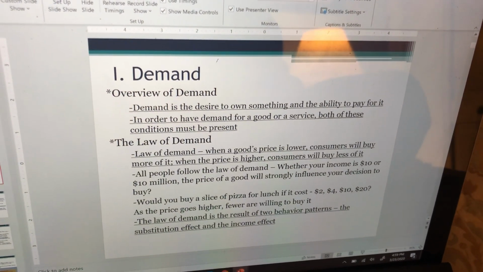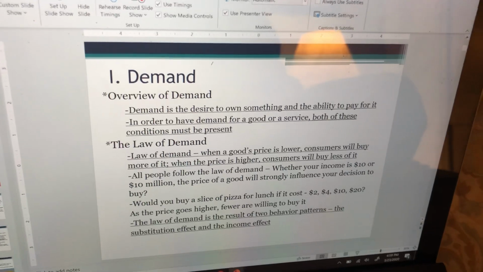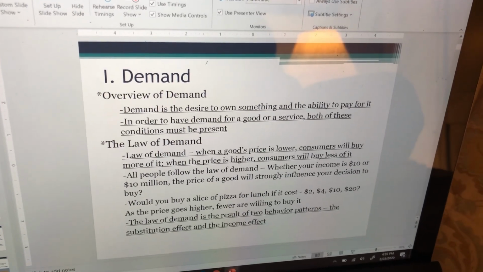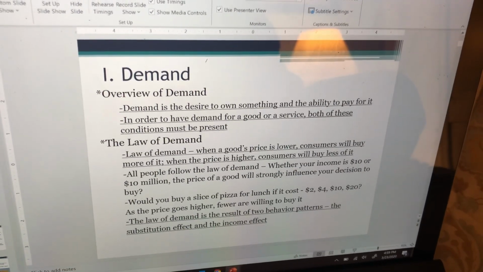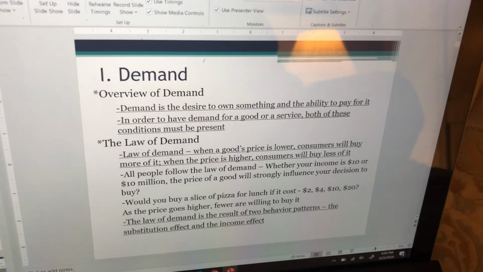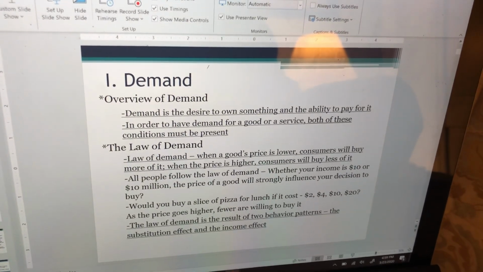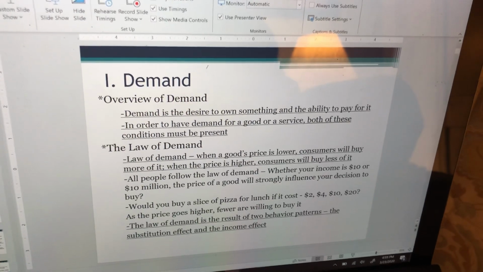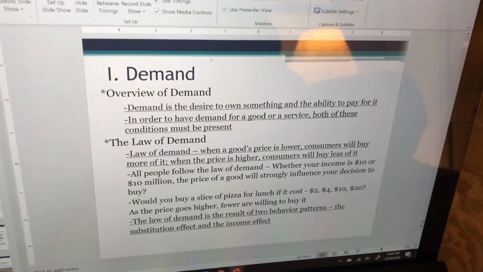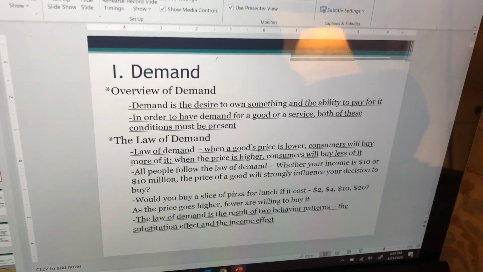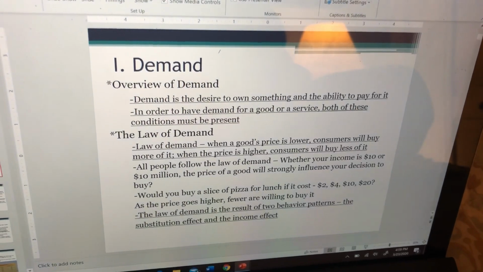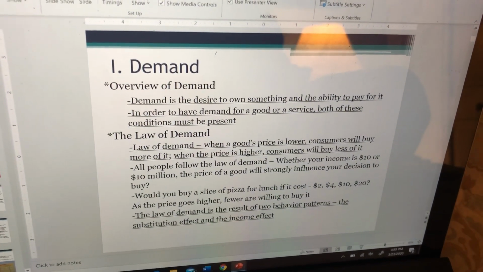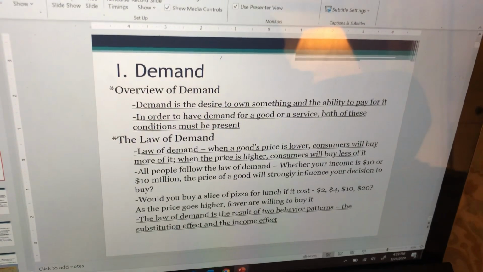When a good's price is lower, consumers will buy more of it, right? It just makes sense. If a jean jacket was $50 at the Gap, some of us might buy it, but if that same jean jacket goes down to $10, a lot more people will buy that jean jacket, right? So if the price is lower, consumers will buy more of it. That's really the essence of the law of demand.